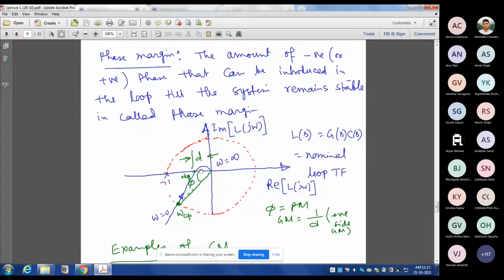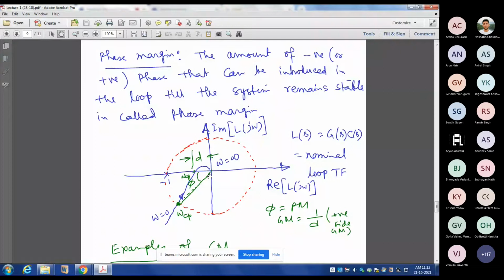So here the question is, is this your positive phase margin or negative phase margin? Now the question is whether upper phase margin and lower phase margin kinds of things exist or not.